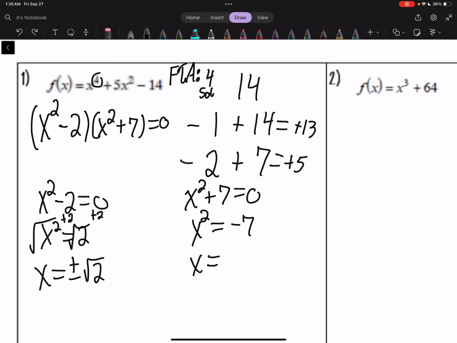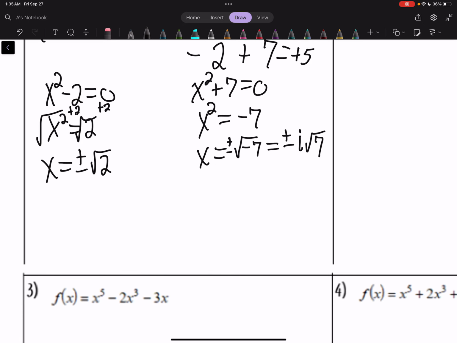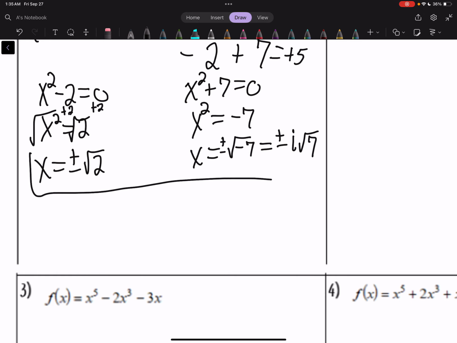I'm not going to be able to fit in my plus or minus there. Okay. Again, this is a negative 7. I do need to simplify the radical. Plus or minus i square root 7. This is a sufficient answer. It works.